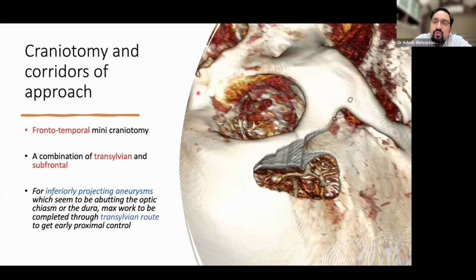Now, we usually prefer to use trans-sylvian corridor initially to open up the sylvian and get our proximal control. Why to do it first is it helps in draining out CSF slowly.